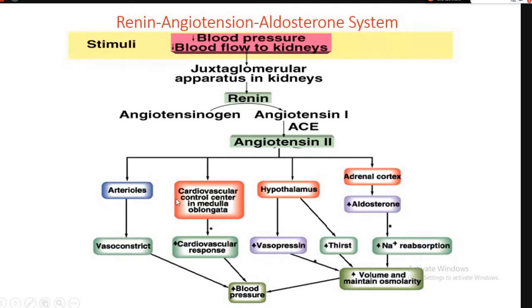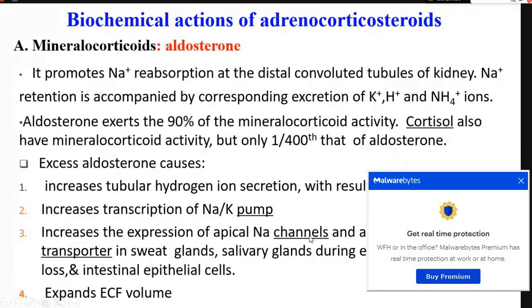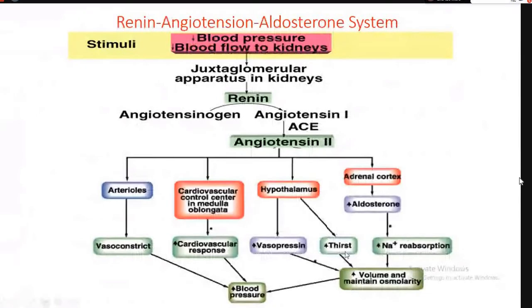Then there will be an increase in blood pressure, a cardiovascular response, and increased heart pumping. The hypothalamus will secrete vasopressin, and thirst will be there, and sodium reabsorption will be there. The ultimate result will be an increase in blood volume and maintained osmolarity.